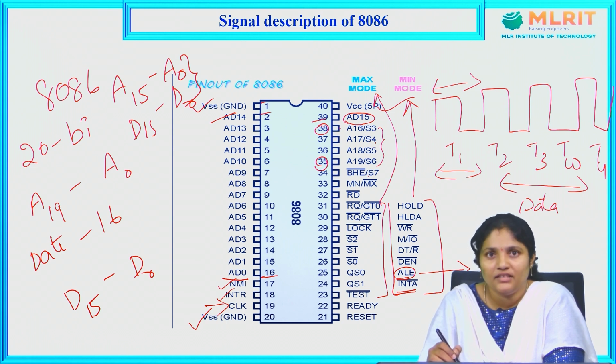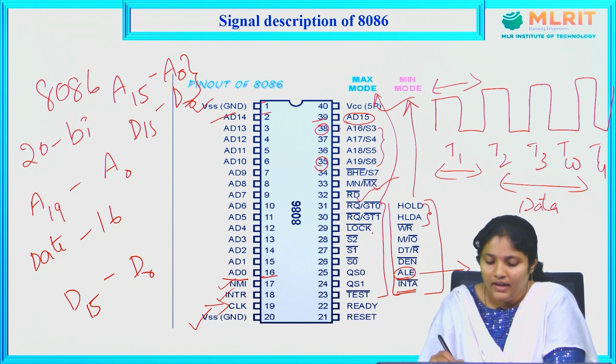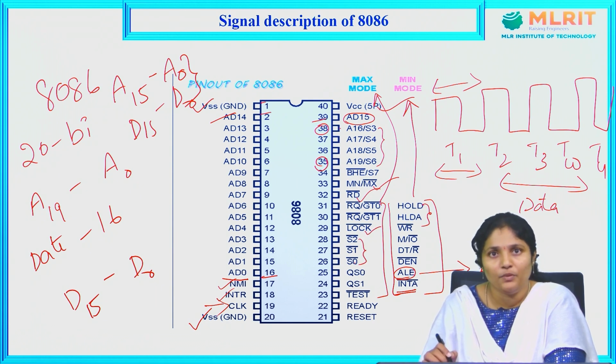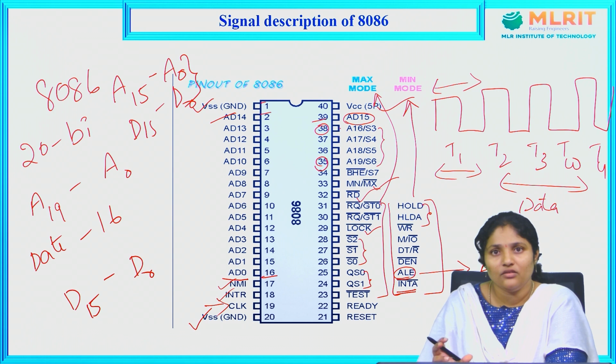BHE bar is bus high enable, which carries the higher order of the data. Then the minimum maximum pin, the read operation, the request grant pins similar to hold and HLDA, and the lock pin to lock the bus. Another pin specifies whether memory operations or input output operations are being performed, and two pins showcase the status of the queue.